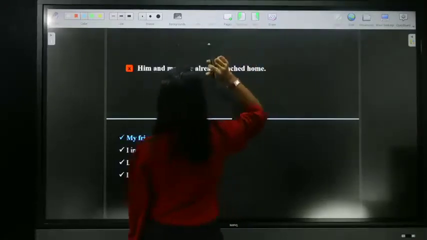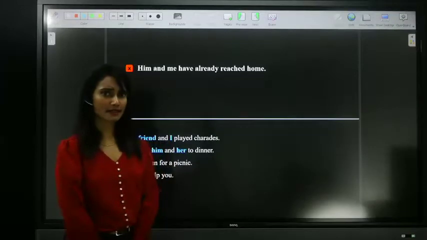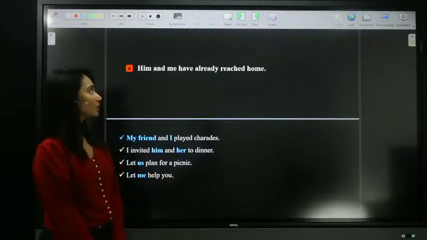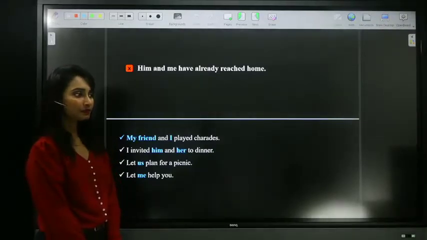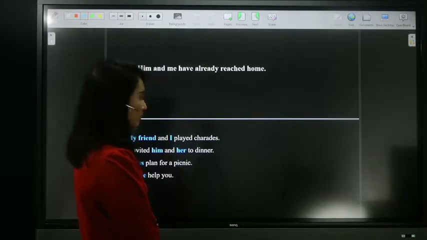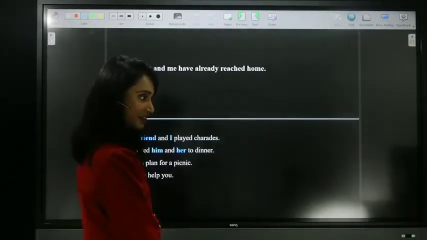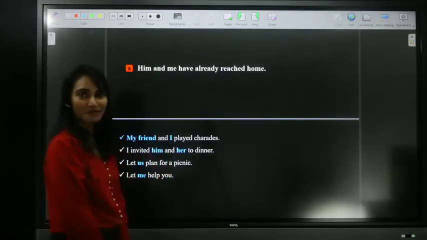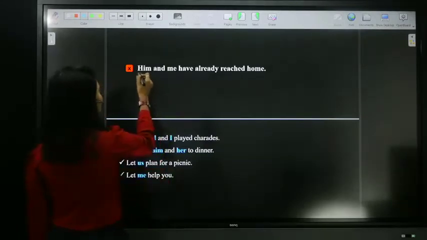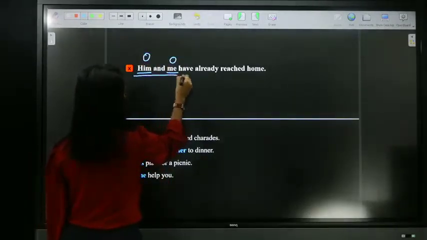Next sentence. Him and me have already reached home. Answer this. What is the error? Right, Swapna. So the answer is the same for the previous and the present sentence also, because him and me are in objective case, but this is subjective case.